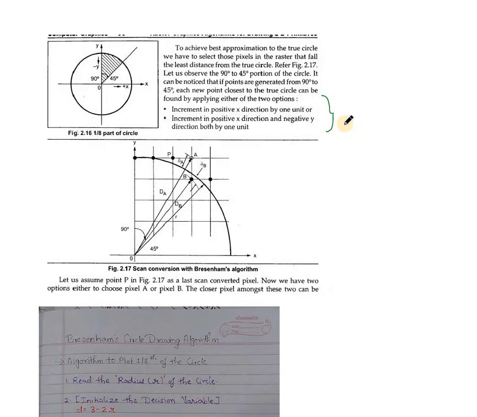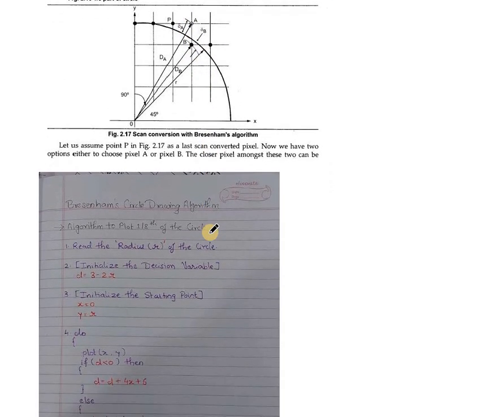So negative y by 1 unit. So you have to make this decision whether only to increase x or to increase x as well as decrease y. So how are we making this decision? We are making this decision depending upon the distances dA and dB.